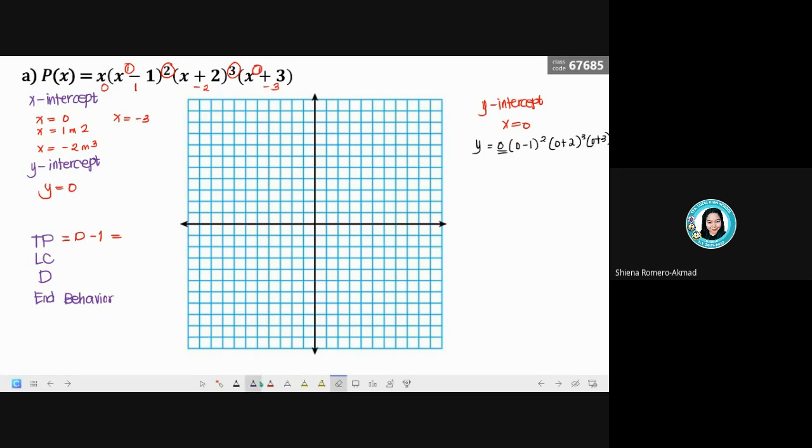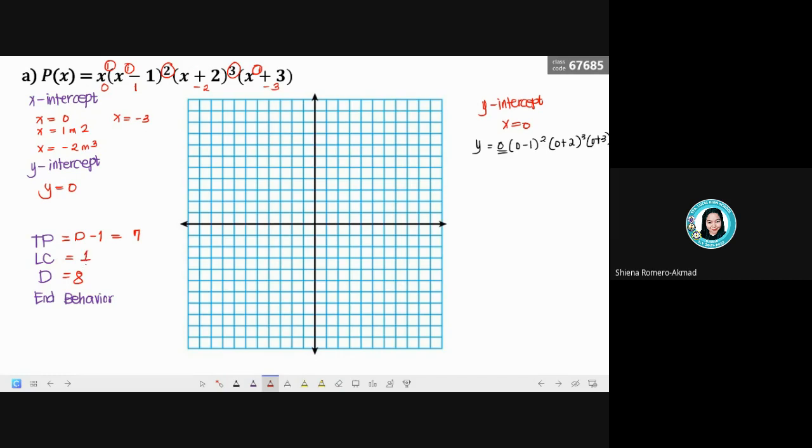Dapat 1 lang eh. So, 8. Malinaw ba? 1, 2, 3, 4, 5, 6, 7, 8. So, we have degree 8. So, the number of turning points is 7. Dami, no? LC is LCI 1, of course.